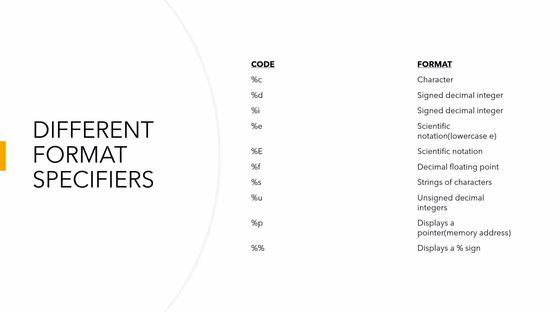Different format specifiers that we can use: %c, %d. We've used these. %i, %e and %E are for scientific notation. We'll not be using these during this course. %f, %s is for strings. We've seen that. Unsigned we've used as well. %p is for pointers. To print the percentage sign itself, we use a double percentage.